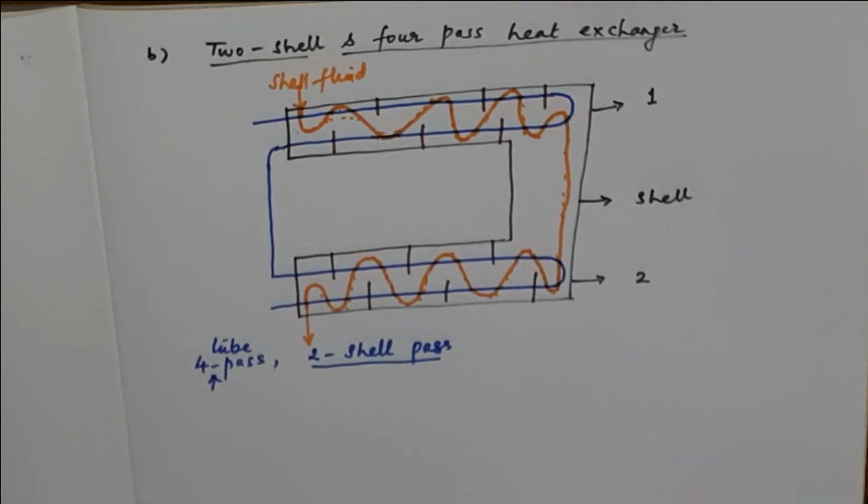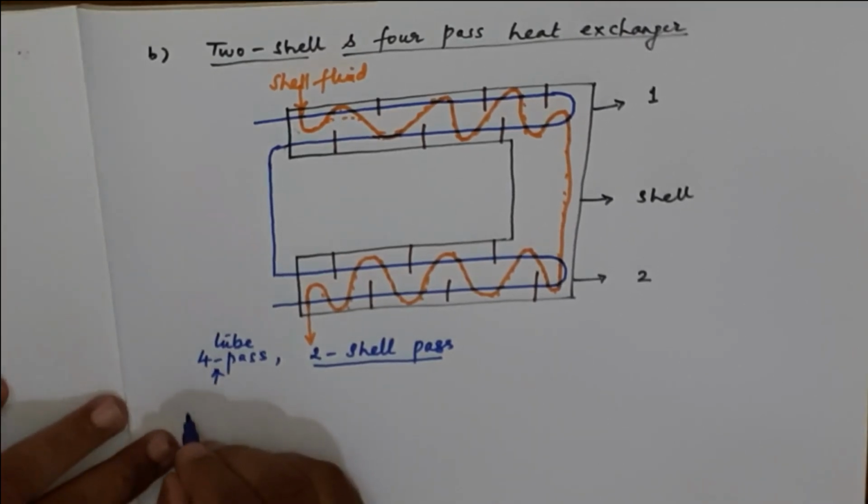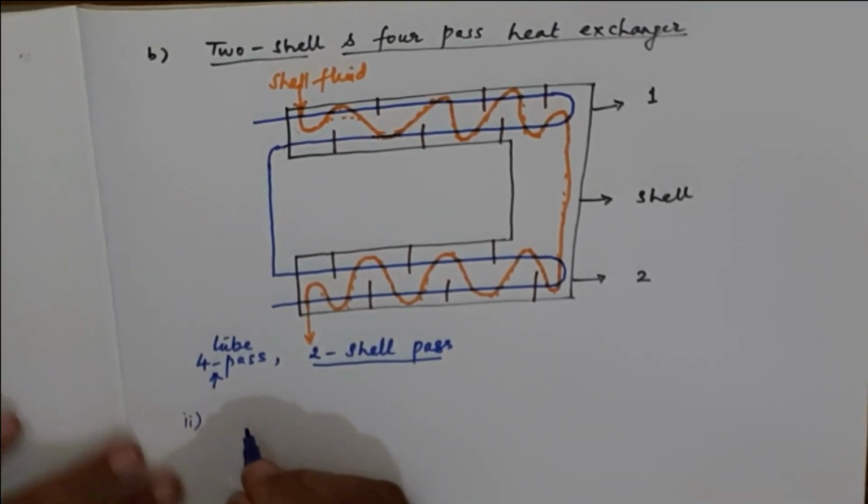Similarly, you have a bundle. So you have a bundle of tubes inside the shell, and that you can call this shell and tube heat exchanger.